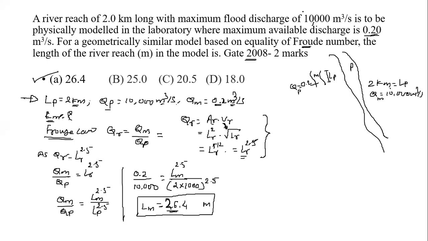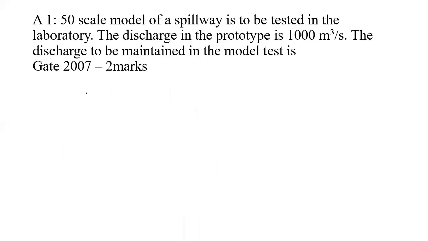Yeah, this was asked in GATE 2007 for 2 marks. The question I would like to go for firstly. A 1 in 50 scale model means the length scale ratio is given to us: length of 1 meter in the model, 50 in the prototype.